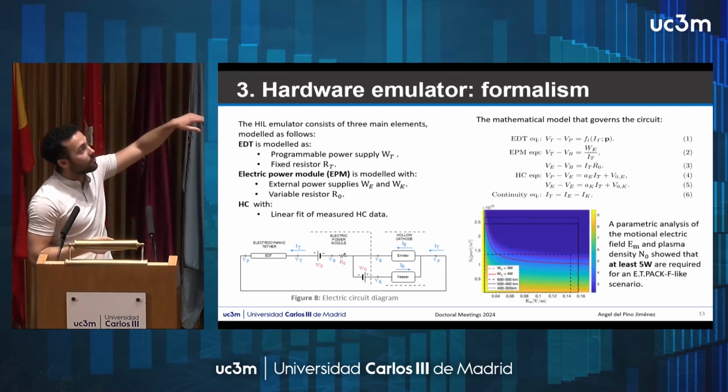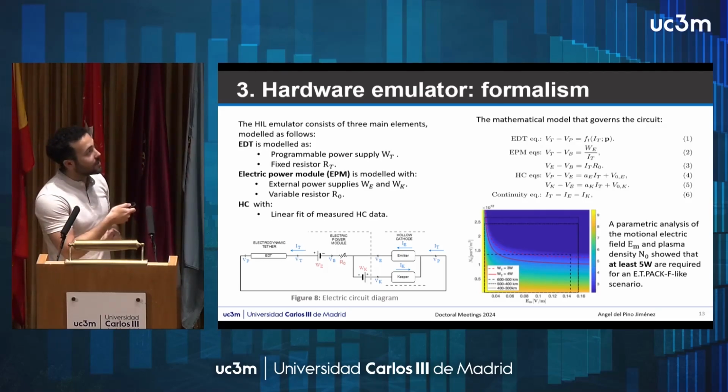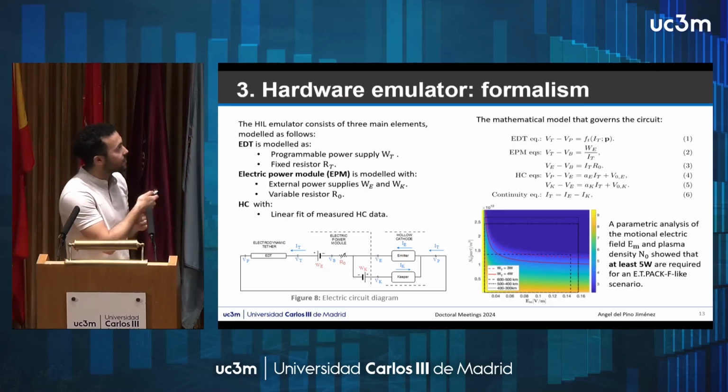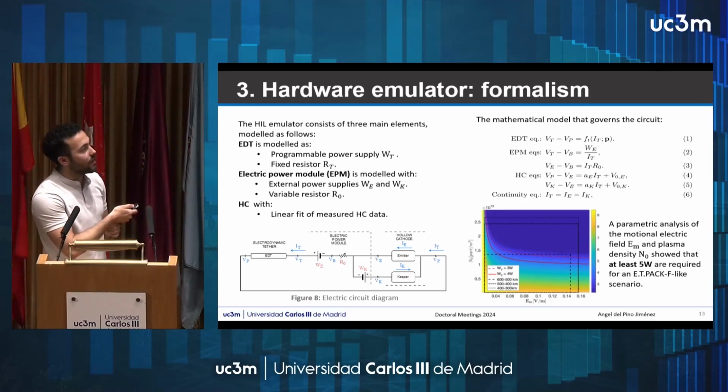So the mathematical model has been developed. We have run different parametric analyses, and the most relevant result that we have found is that we need to include at least 5 watts to produce an effective thrust for this mission, the ETPAC project.